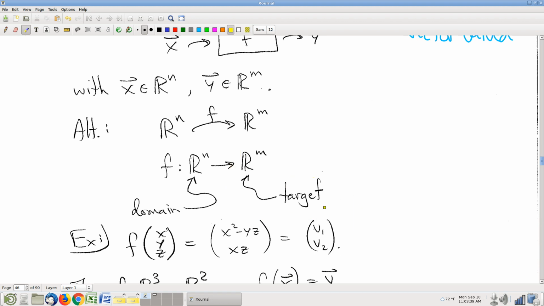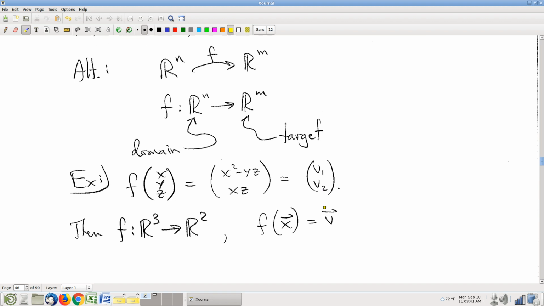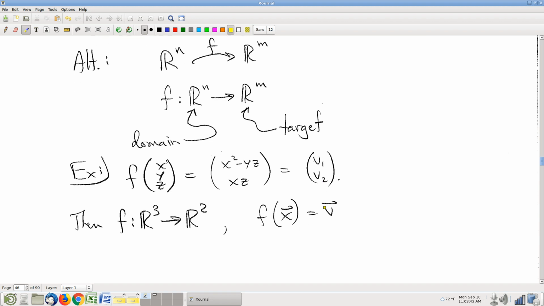Okay, so here's an example of a vector-valued function, and very often we'll just write this. Now notice that the input to the function is not just one real number. The input to this function is 3 numbers. If you want to think of it this way, a vector in R3. Notice that what comes out is not just a single real number.